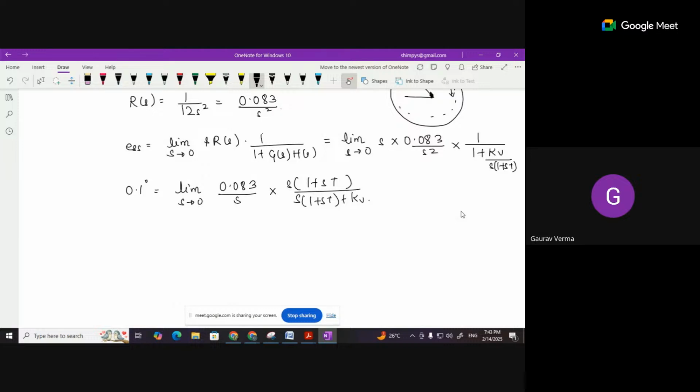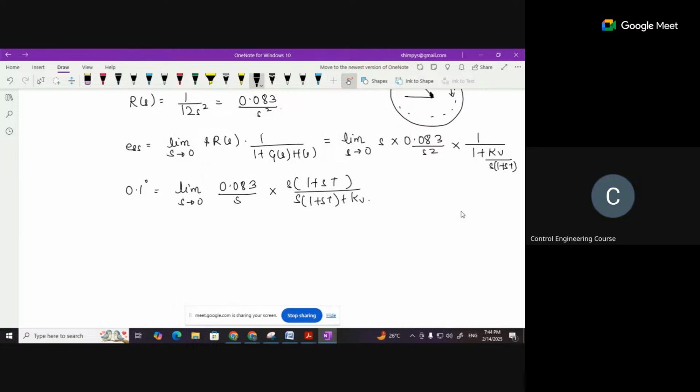We are supposed to find the value of kV, right? Right. It comes out to be 3.1416. Everyone is getting that? I might be wrong. Yes, kV. You have converted degrees into radians or radians into degrees? Degrees into radians.